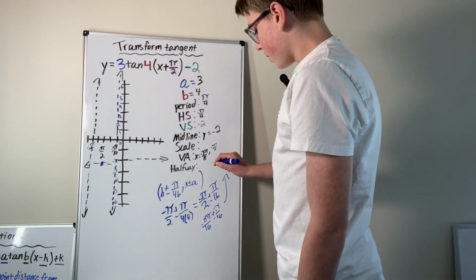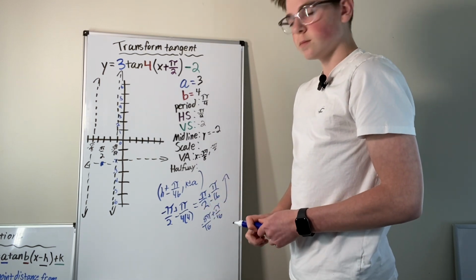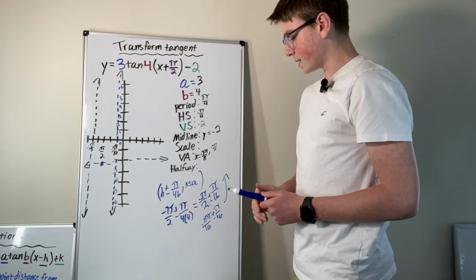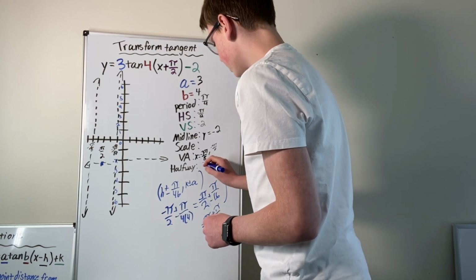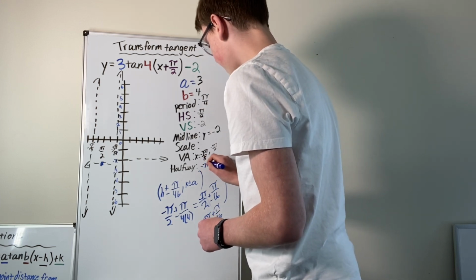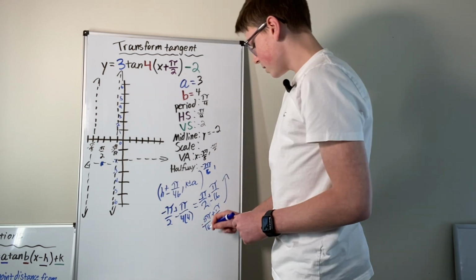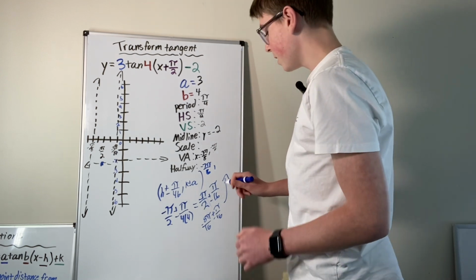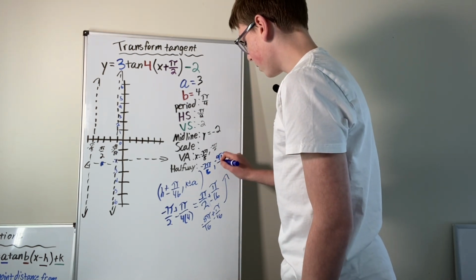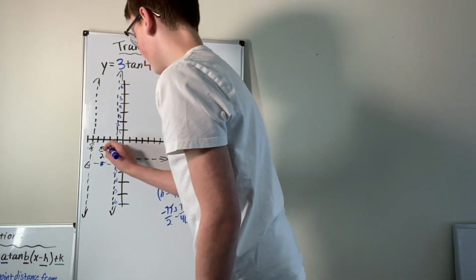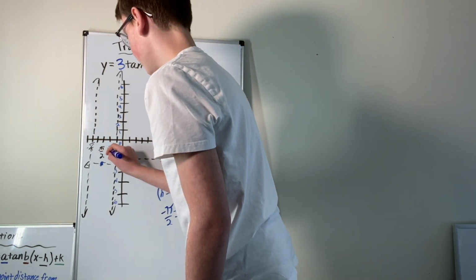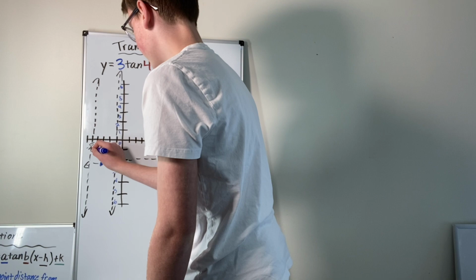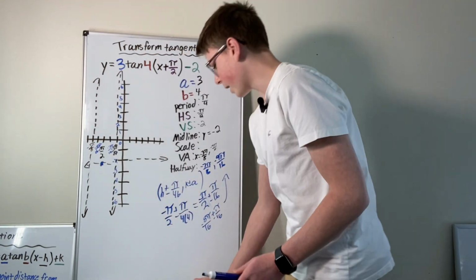Negative 8 pi over 16 plus pi over 16 is negative 7 pi over 16, and then negative 8 pi over 16 minus pi over 16 is negative 9 pi over 16. So this point would be negative 7 pi over 16, and this point would be negative 9 pi over 16. So we got our x values.